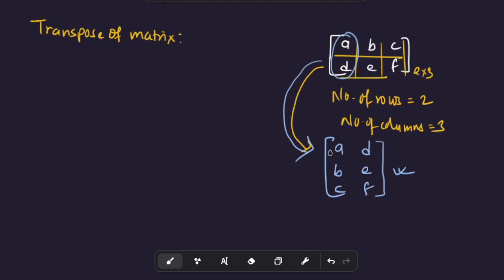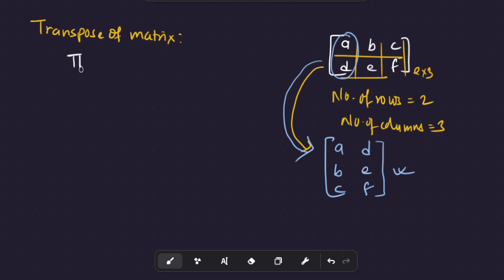So this type of transformation of the matrix by interchanging the rows and columns, where rows become columns and columns become rows, is called the transpose of a matrix. Transpose is the matrix formed by interchanging the rows and columns of a matrix.